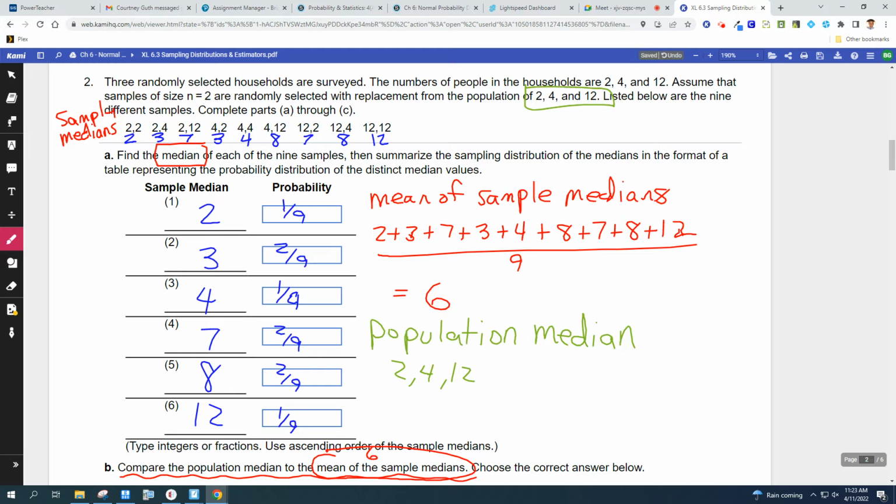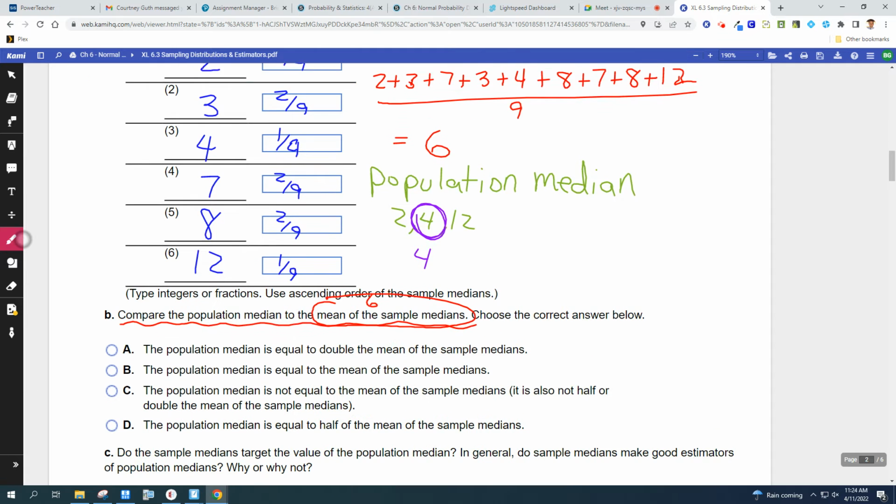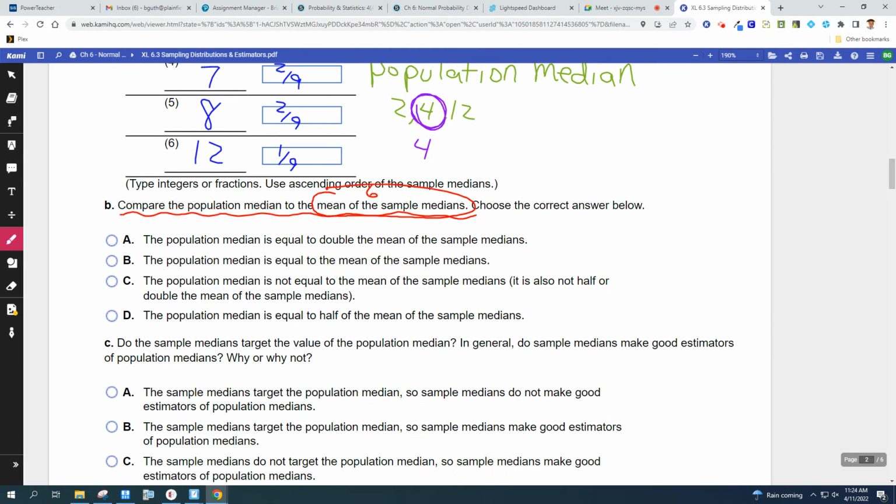Remember how we find the median? It's not the same thing as the average. We don't have to do any work here. We just need to find the middle number, and that's 4. That's the population median. We've got this population median of 4 and a sample median of 6, and you're supposed to notice that they're not equal. Those two things are not equal.